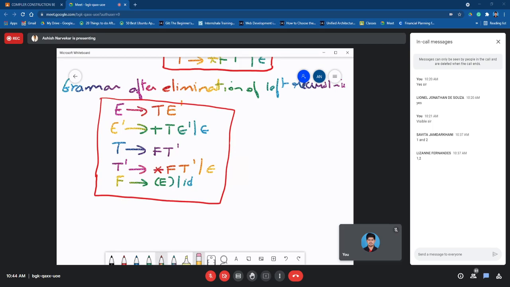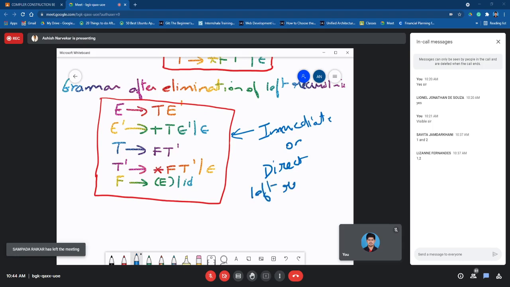We'll see later. Right now, just for you to make a note of it. Okay. Now, this example that we took up over here is a case of immediate or direct left recursion. Why it is called immediate or direct left recursion is because, for example, if I consider E derives E plus T or T, we can see that E appears here, so it is in the same production.